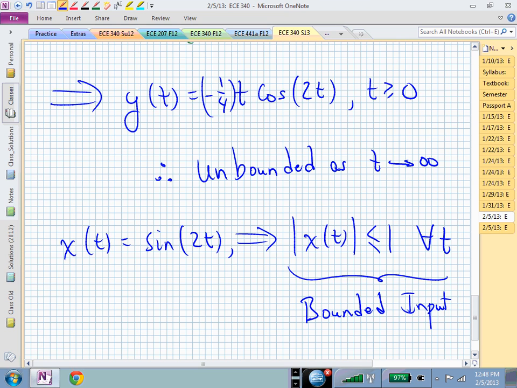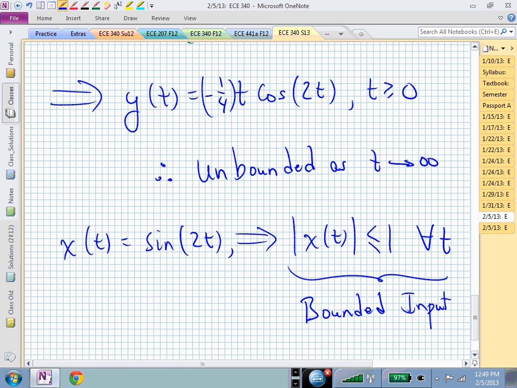Yes? Where did the minus 1/4 come from? You've seen the cartoon where a professor is up deriving something on the board and it's just a mess of derivation, and then they just say some magic happens and he writes down the answer. Well, there's some analysis going on to get that minus 1/4.